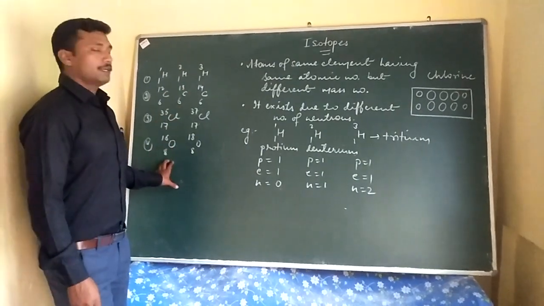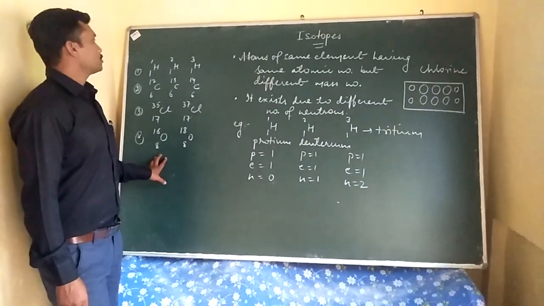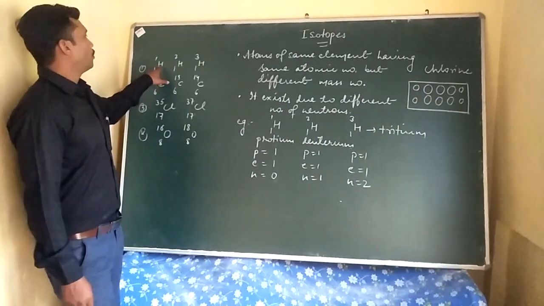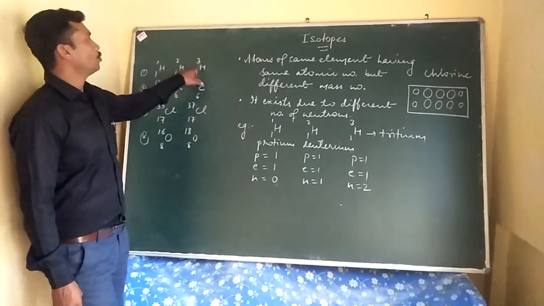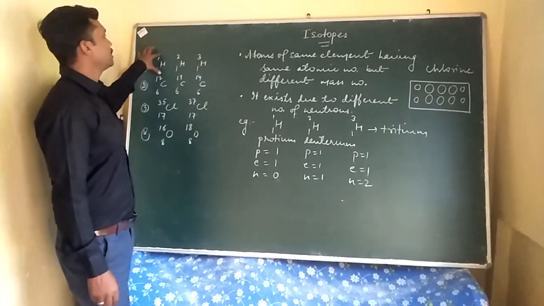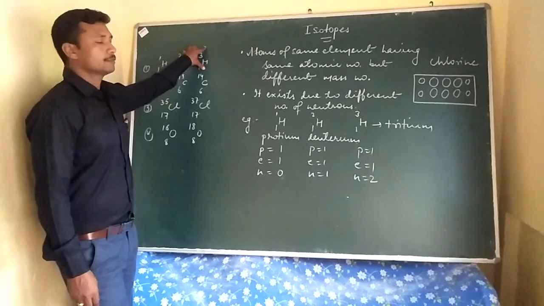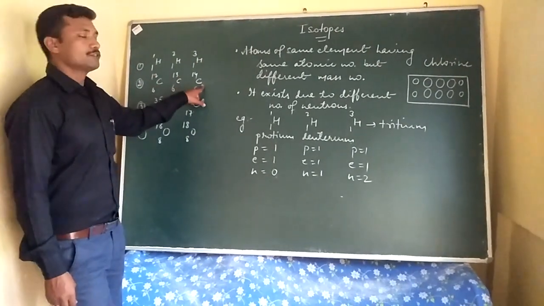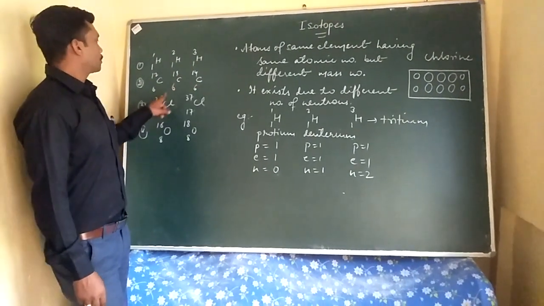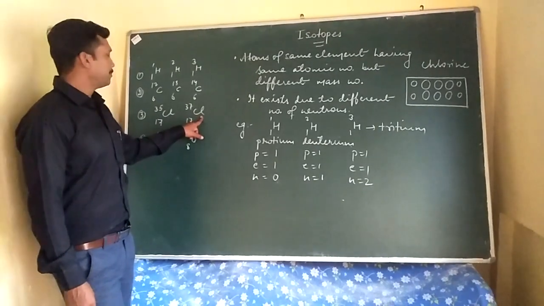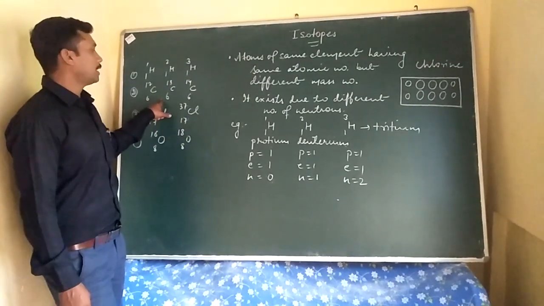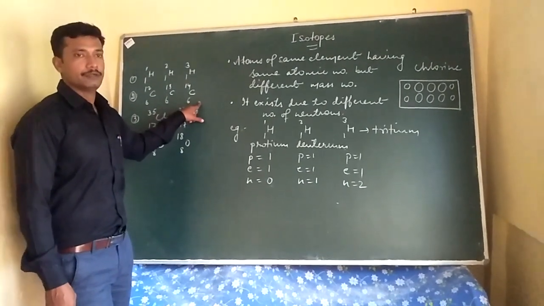Coming to this side, I have taken some examples of isotopes. 1H1, 1H2, 1H3 means hydrogen has 3 isotopes. Carbon has 3 isotopes. Chlorine has 2 isotopes, namely chlorine 17-35 and chlorine 17-37.